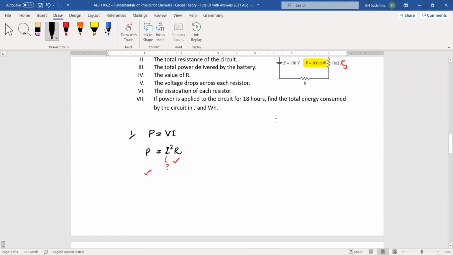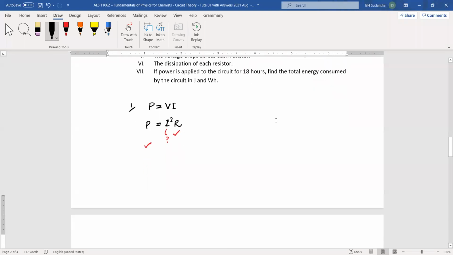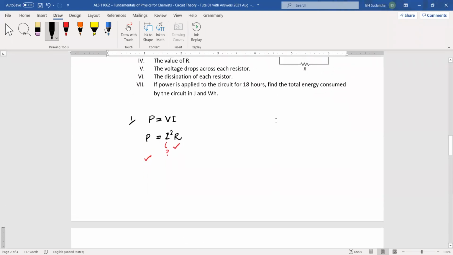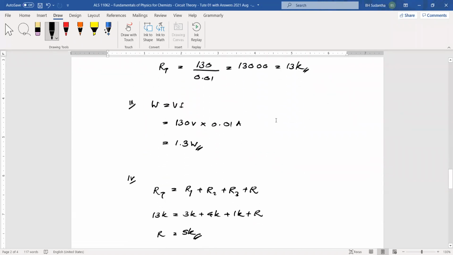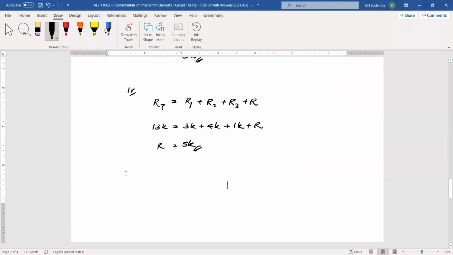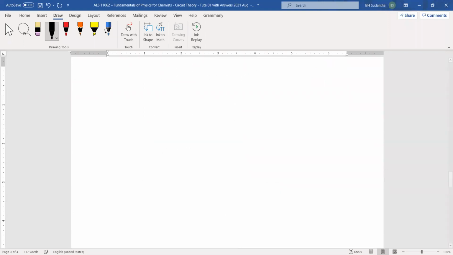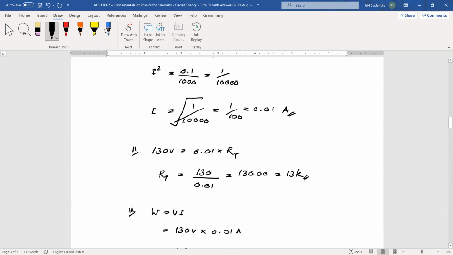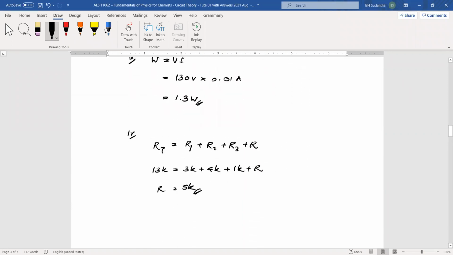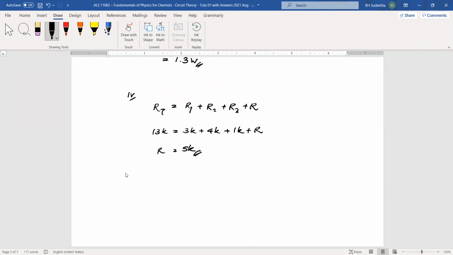Okay. The sixth one, the dissipation of each resistor. Alright. Fifth one, the voltage drop across each resistor. Okay.